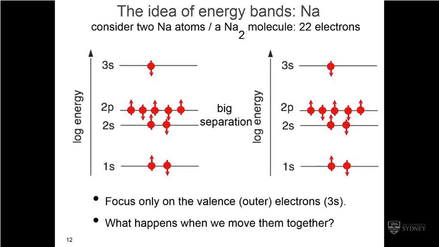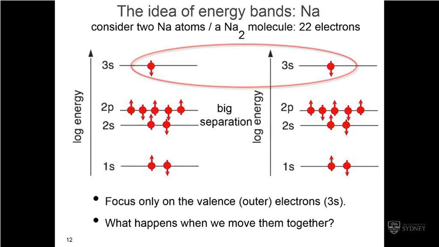As I mentioned, these are the ones that are free to move around and make bonds with other atoms in this system. The inner ones are tightly bound electrons and they don't really interact very much with each other. So just looking at those outer ones, when you bring them closer together, you're going to get energy bands forming.